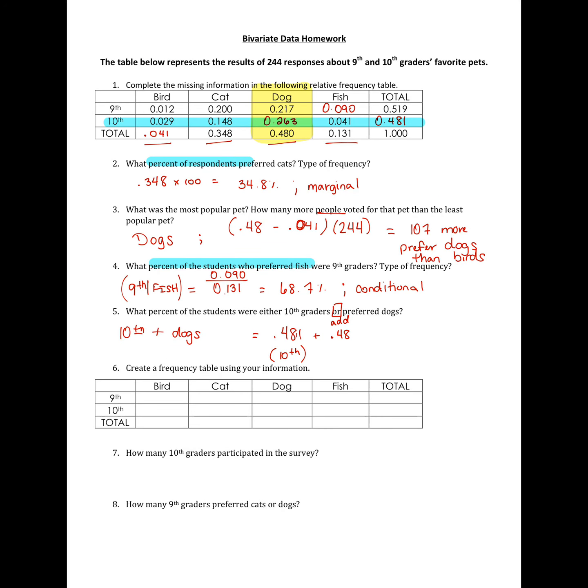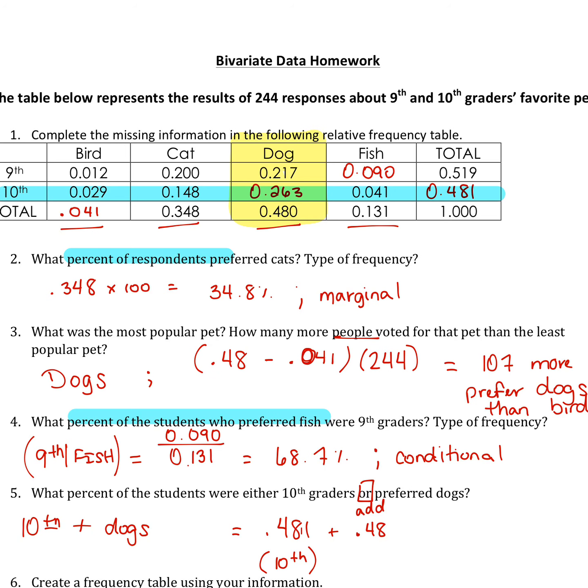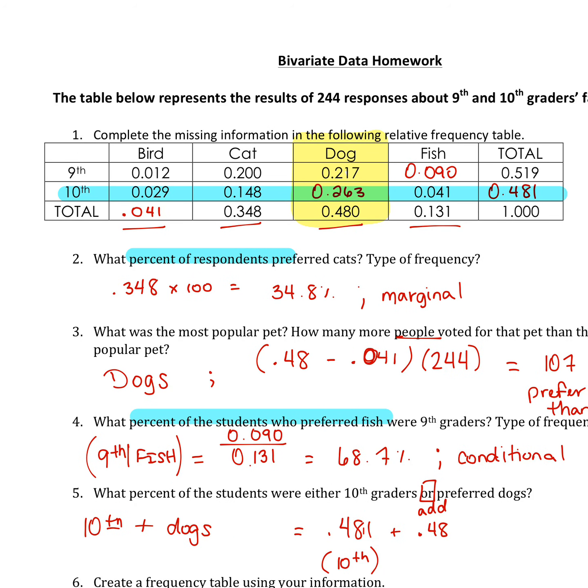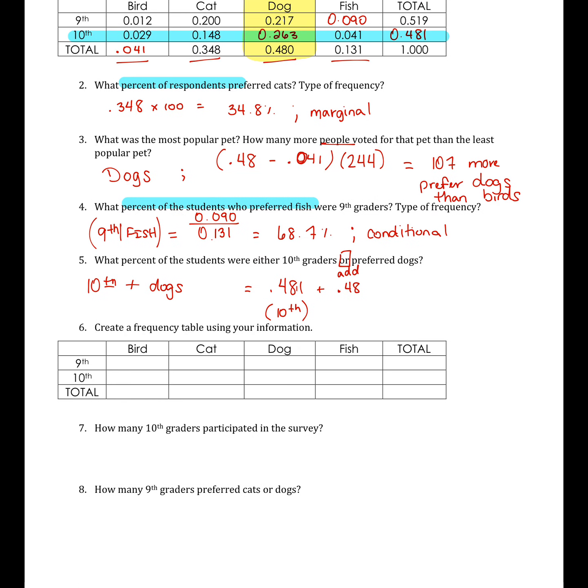But if you look at what we just created, if you see that little piece of green, that 0.263, if I take the total number of 10th graders and the total number of dogs, that piece in green where my blue and yellow overlapped has been counted twice. So we have got to eliminate that duplication.